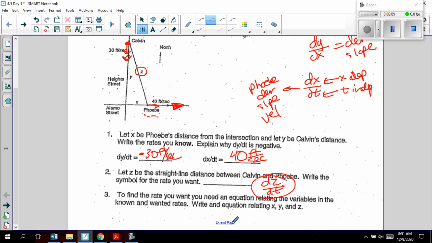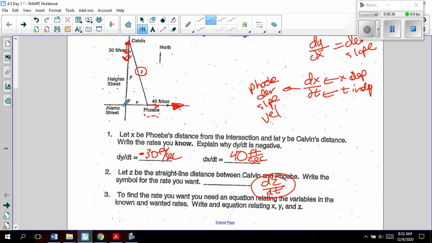All right, number 3: to find the rate you want, you need to write an equation relating the variables in the known and wanted rates. So in this case, what you know and want are x, y, and z. We'll get to the derivative in a moment. When I look at my picture, I've got x down here, y right here, and z attaching those 2 sides that are changing, and I notice it makes a right triangle.